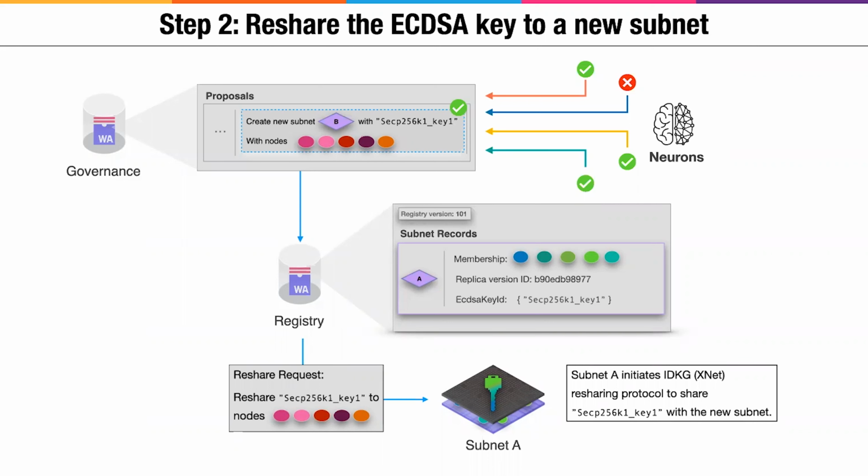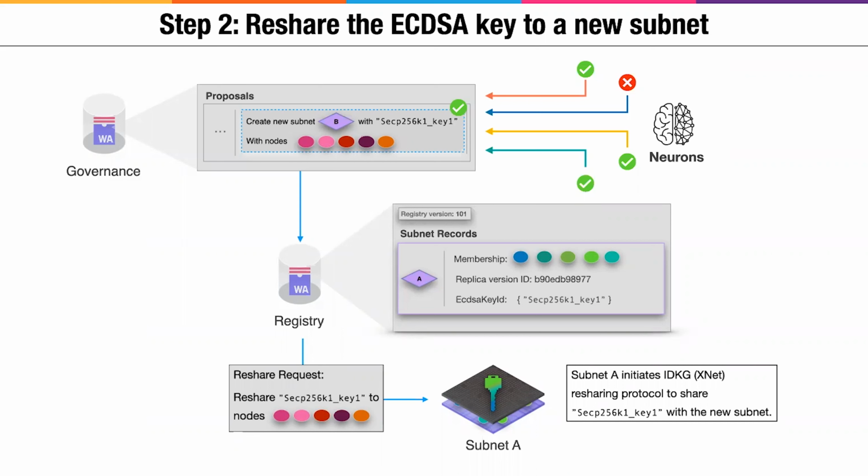If you recall the previous description of the IDKG protocol, here we split the participants across subnets. Essentially, the dealers live on subnet A, while the receivers live on a different one.